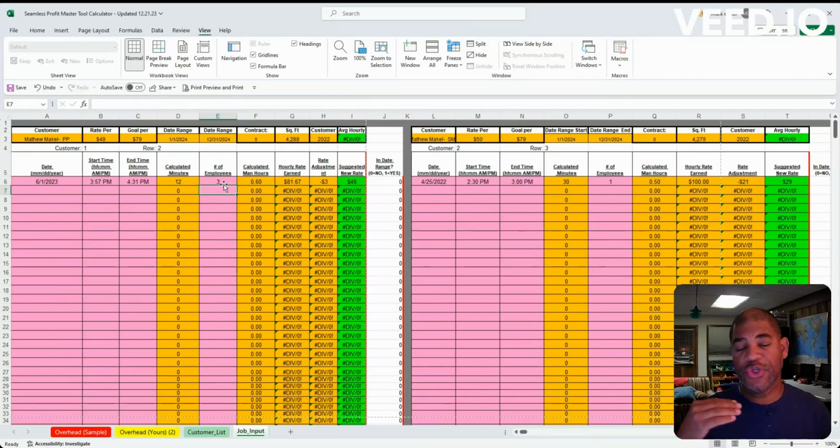But that's the cool thing about this. What I suggest you do during your down season now is take all of your customers, all of the times, enter them in here. And what you're going to see are certain lawns that are just not profitable at all, or they're not near as profitable as you thought. You'll see others that are very profitable. You'll see some that are profitable throughout certain times of the season, depending on the weather change or if you lost a worker or something like that.